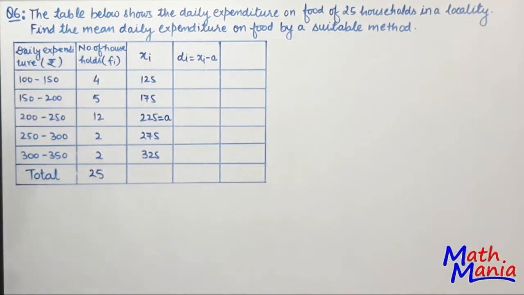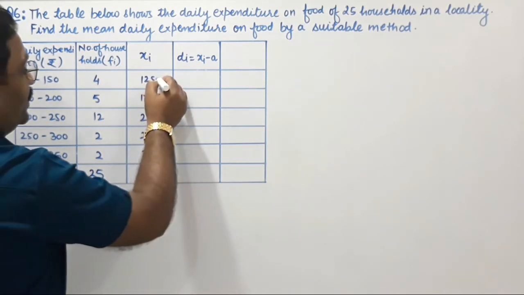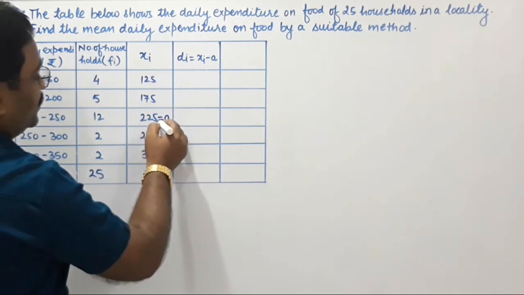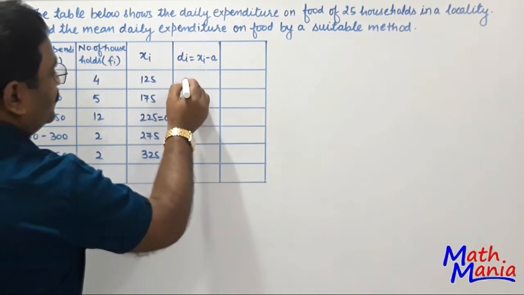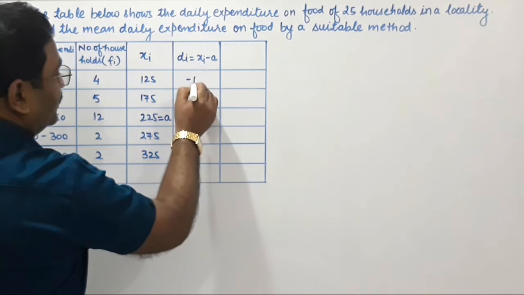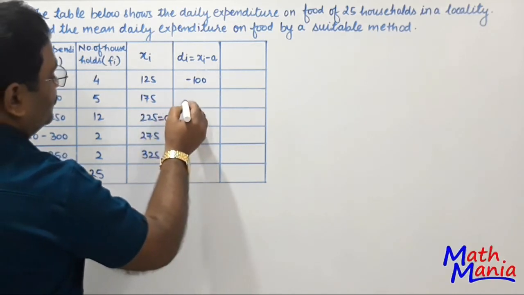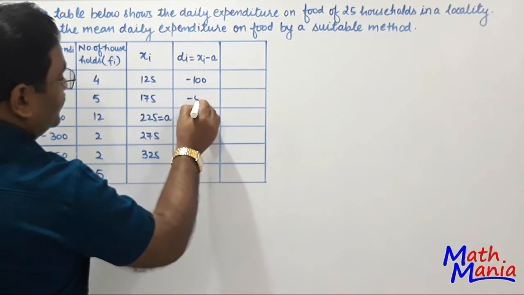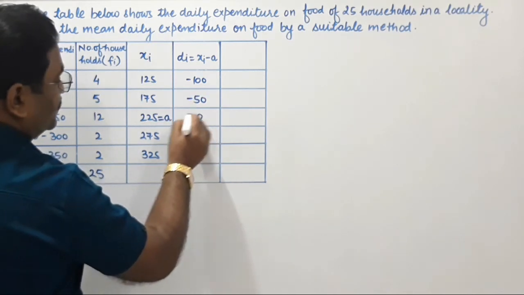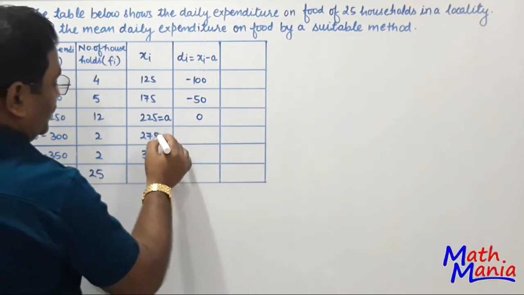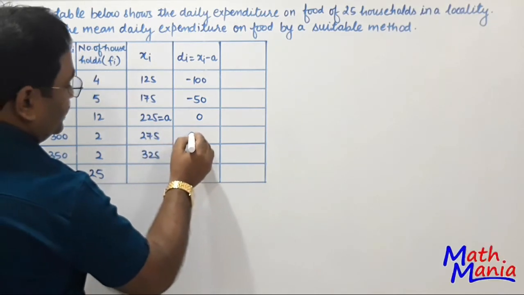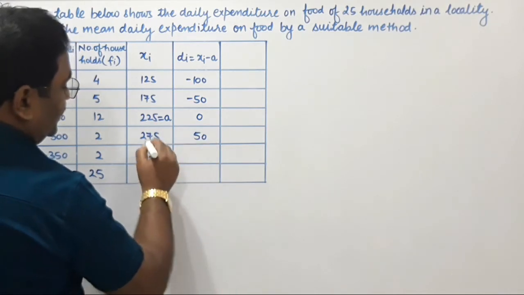So let's simplify it. 125 minus 225 gives minus 100. This one is minus 50. This becomes 0. Then 275 minus 225 is 50 and this will be 100.